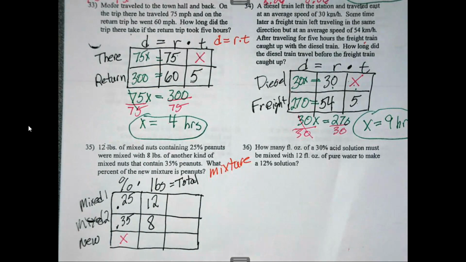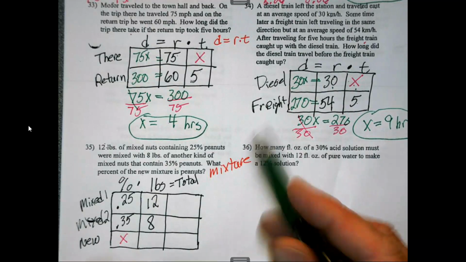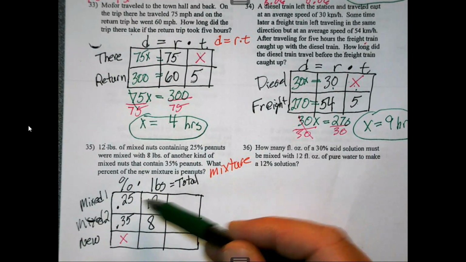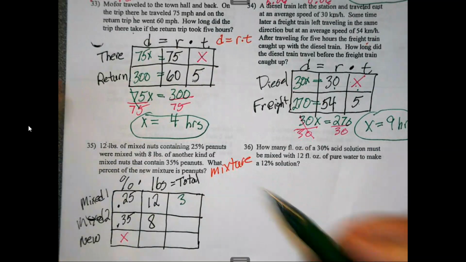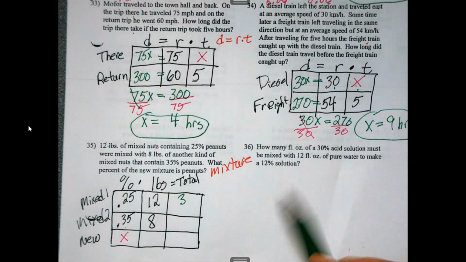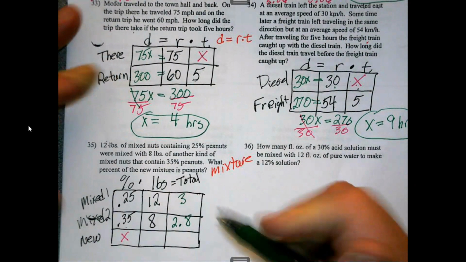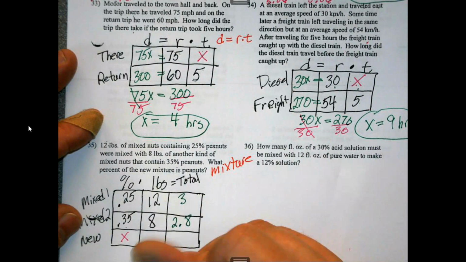Okay, so let's fill in the other blank boxes. I'm going to multiply these two together. 0.25 times 12 is 3. 0.35 times 8 is 2.8. Okay, so here I've got 20.